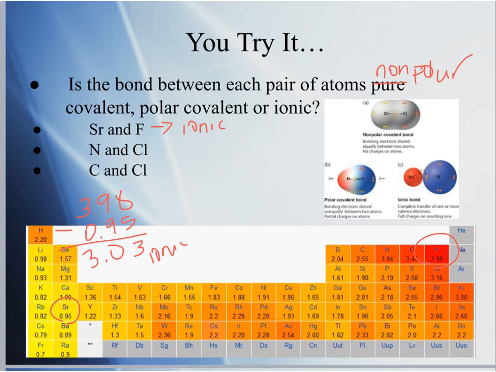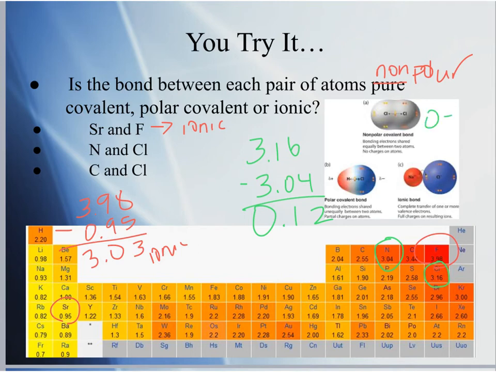All right, let's take a look at the second one. This one is nitrogen and chlorine. Chlorine is 3.16. Nitrogen has a value of 3.04. When we subtract those, we get a difference of 0.12. And that falls under the nonpolar.